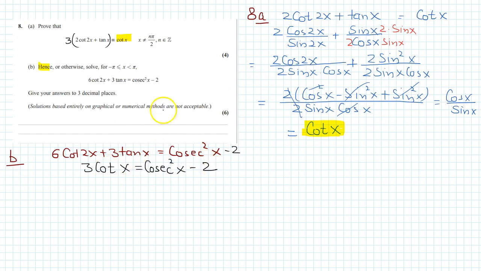I'm going to use the same rule. I convert: 3 cos x over sin x minus 1 over sin square x is equal to 2.